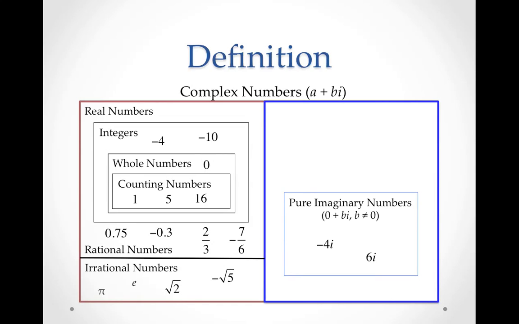So if b is not 0 but a is 0, we have the category called pure imaginary numbers. If a and b are both not 0, then we just have what we call imaginary numbers. And those, along with the real numbers, make up the entire category of what we call complex numbers. And complex numbers always have a standard form of a plus bi.